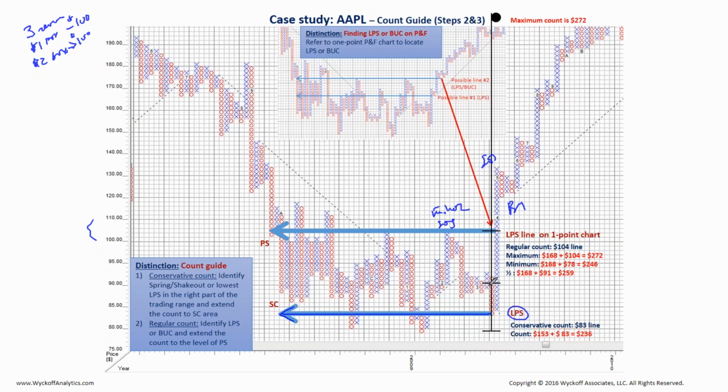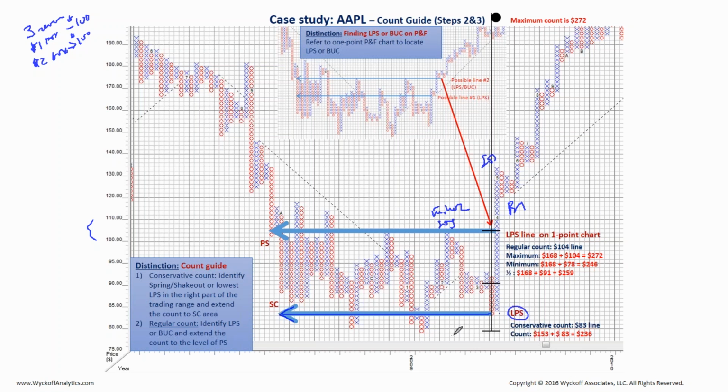We look for a last point of support to occur, which did, and that was the last low made prior to the markup beginning. We find that point on the point and figure chart, and we start counting the columns, each one of them, until we get a complete count of all the columns.